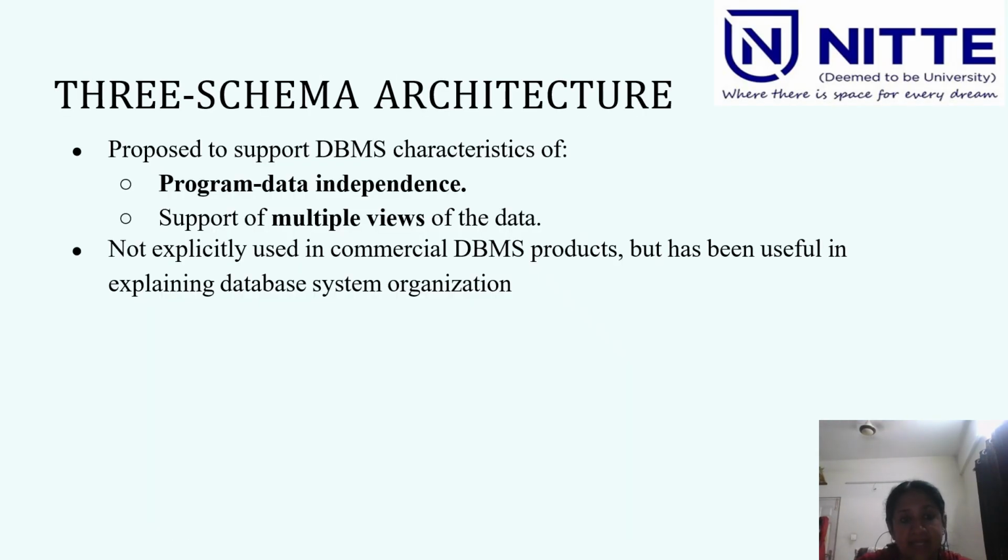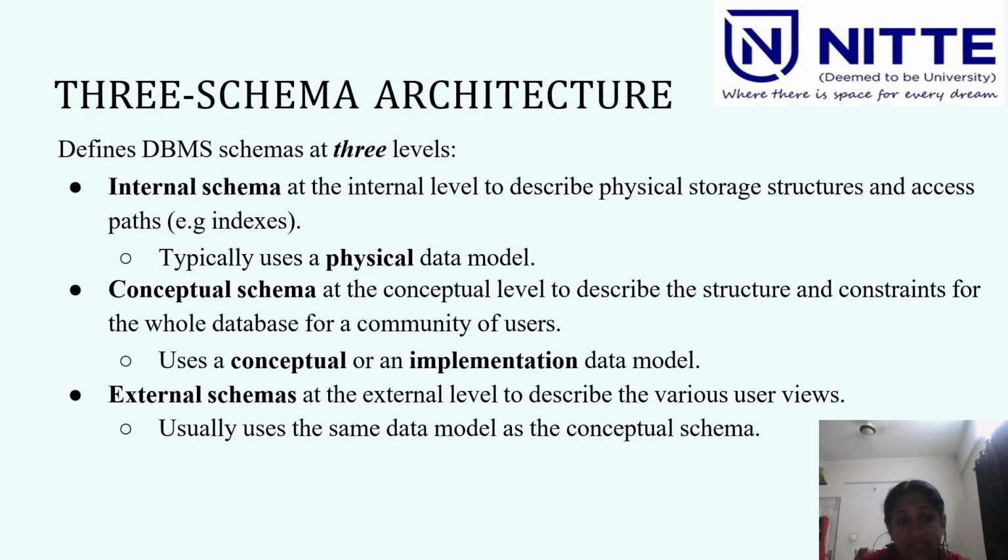Now we'll discuss the three schema architecture. It was proposed to support the DBMS characteristics of program data independence and supporting multiple views of data. The three schema architecture defines the DBMS schema at three different levels: internal level schema, conceptual schema, and external schema. The internal level describes the physical storage structures, typically using physical data models.